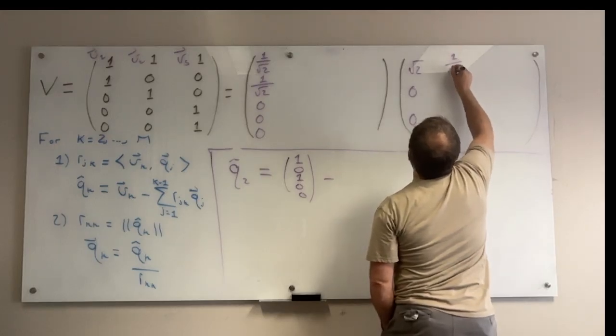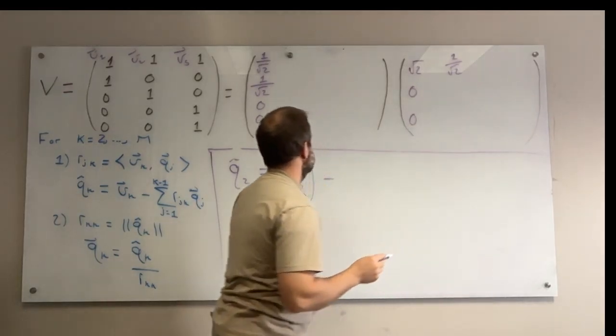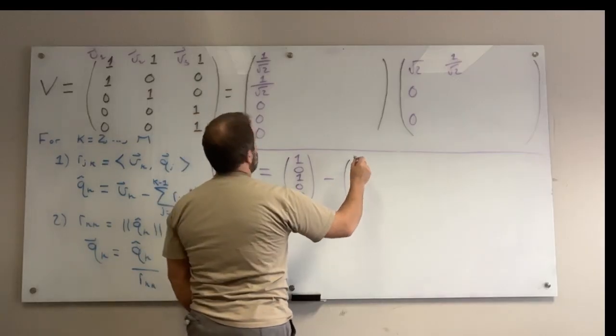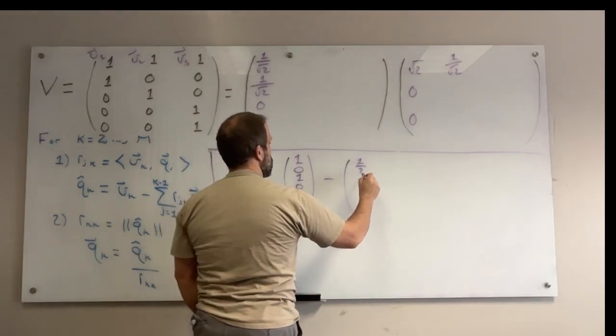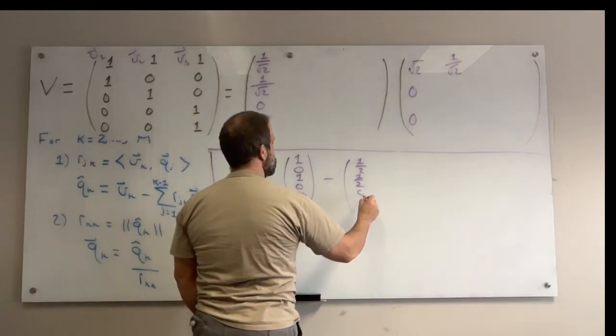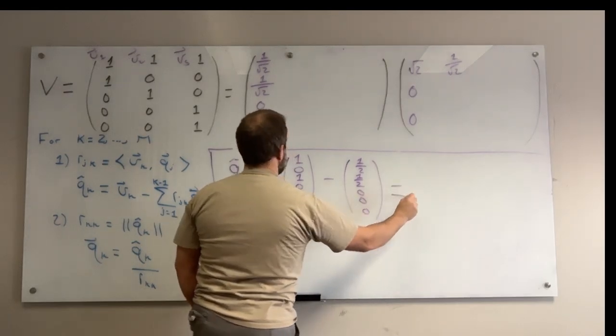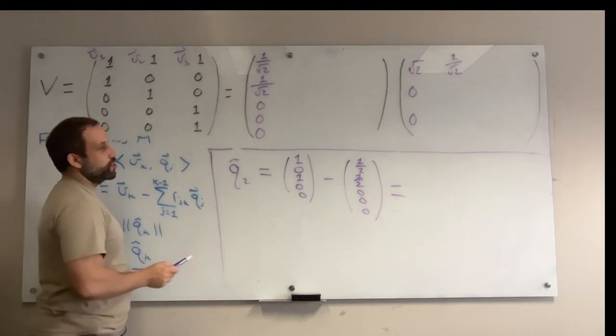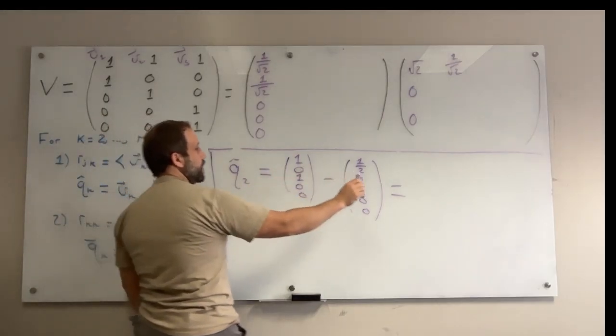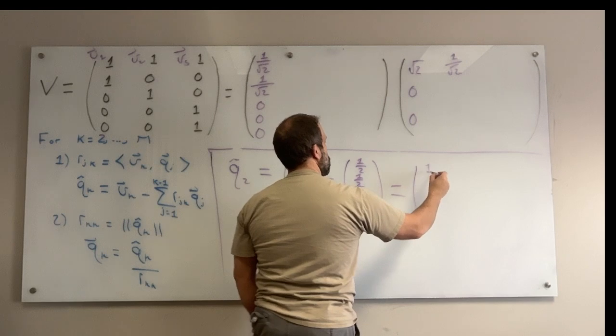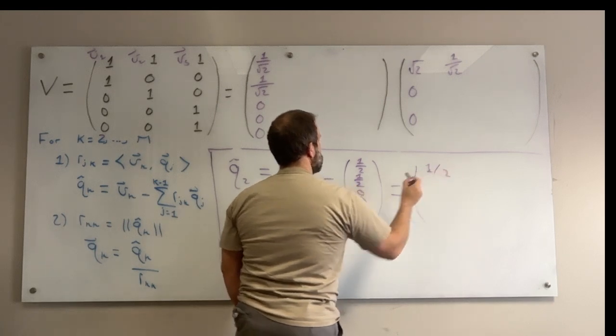Let me record that here, 1 over the square root of 2. And then we're going to get 1/2, 1/2, 0, 0, 0.